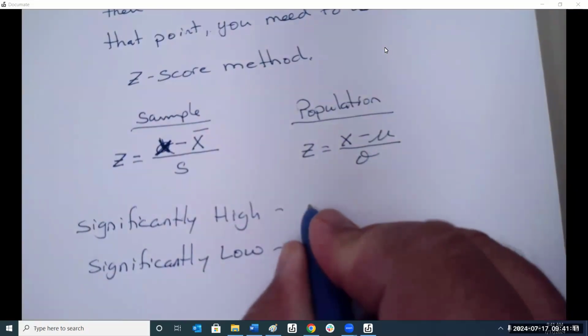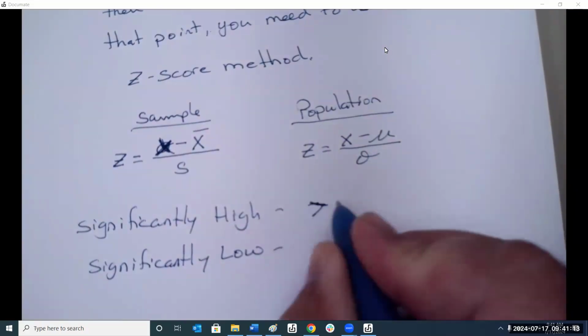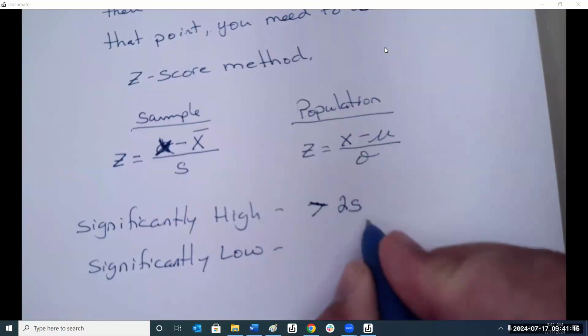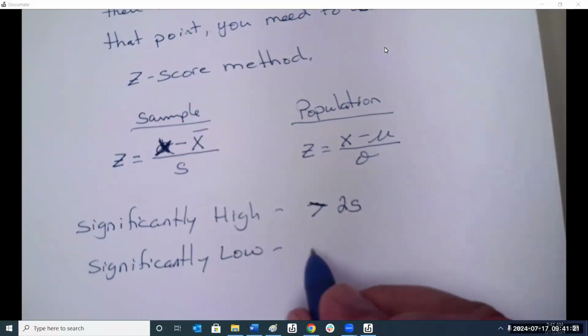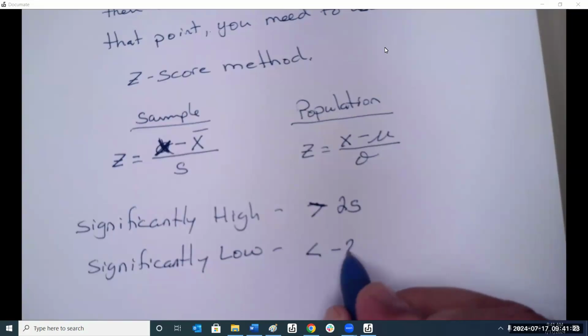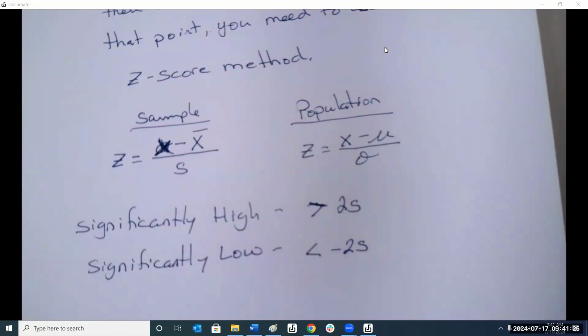If it's greater than 2 standard deviations. It's significantly low if it's lower than negative 2 standard deviations. So anything on the outsides will determine whether it's significantly high or significantly low.